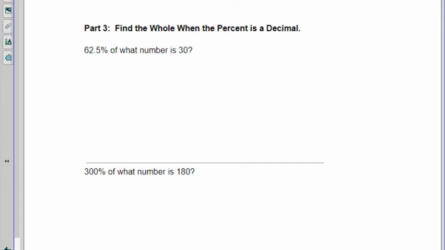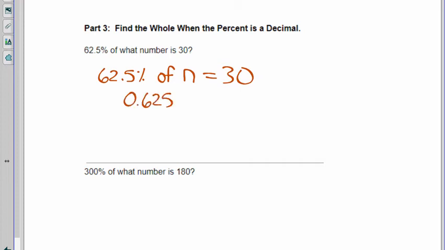So what I have here, 62 and 5/10% of what? Well, when I don't know what something is, I can use a variable. So I'm going to call that n. 62.5% of n, some number, is 30. Well, now I can change this into an algebraic equation. 62.5% is, if I change that to a decimal, 0.625.